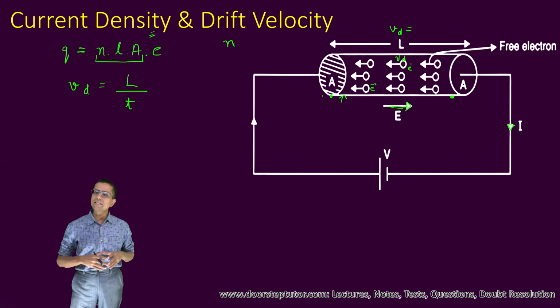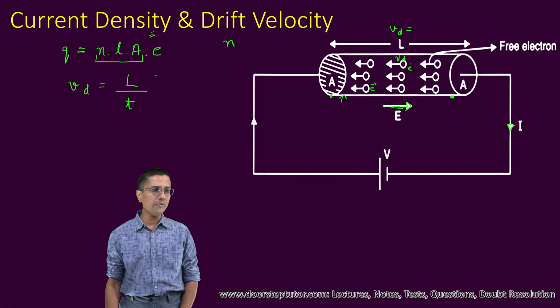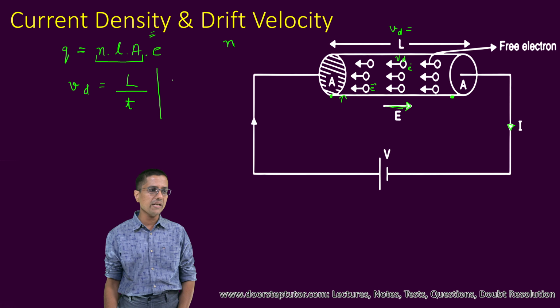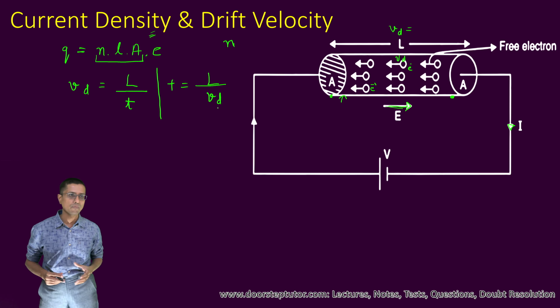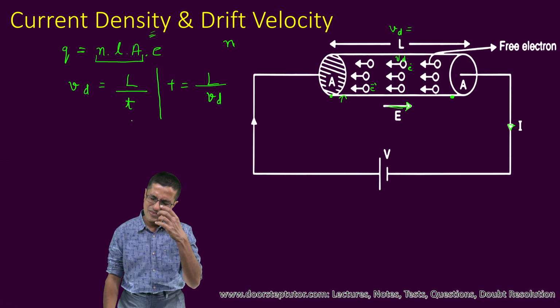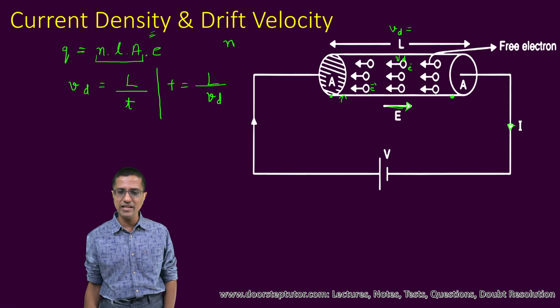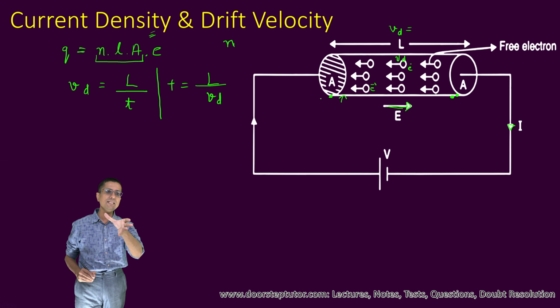Or in other words, if we want to find the time it took the charge carrier, an electron, to go from one end of the conductor to the other, it would be the length divided by the drift velocity. So that time is L by Vd.